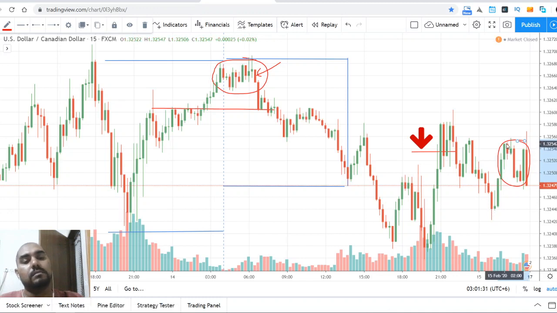Tried again, no higher high from the previous high. Came back down. Tried again. That was the last candle before the markets closed.